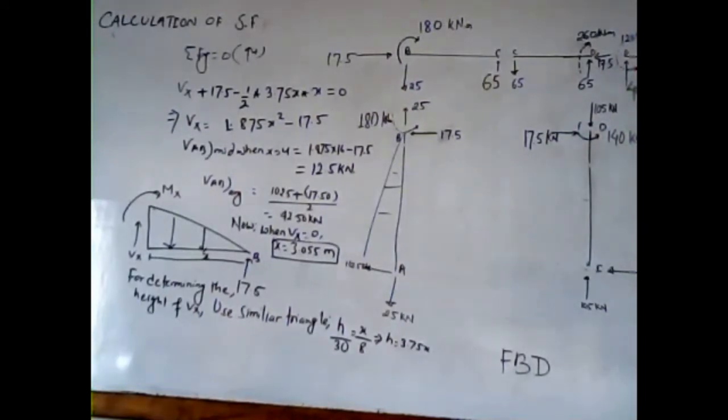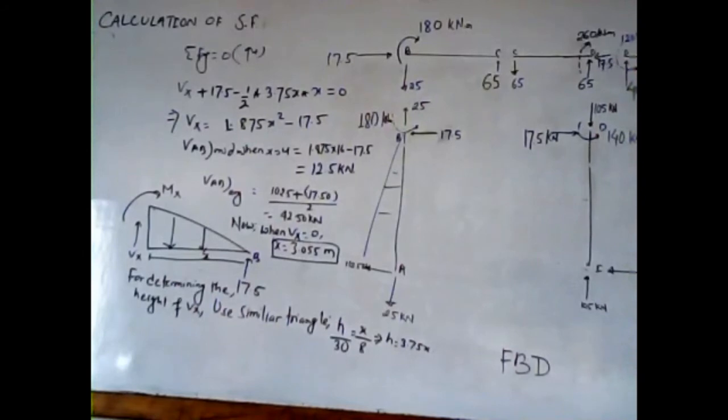Solving this, we have Vx equals 1.875 x squared minus 17.5. Now we need to determine the shear force at the midsection. So the shear force at the midsection, VAB mid, is when x equals 4.